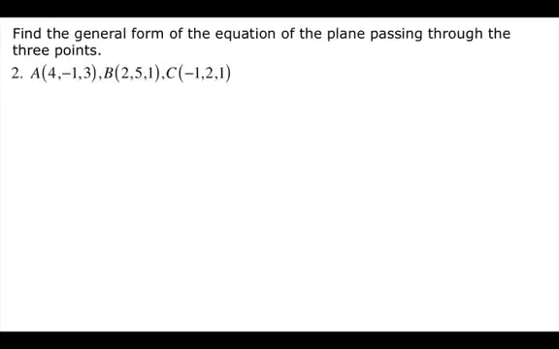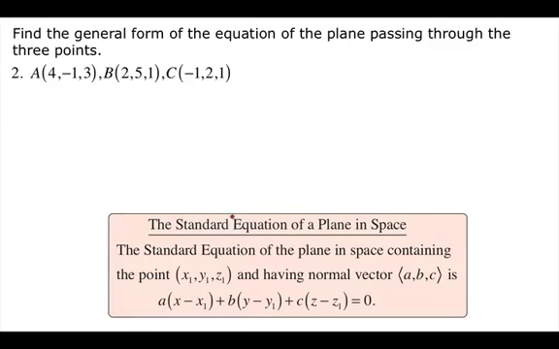So here's number 2. Find the general form of the equation of the plane passing through the 3 points that you see there. So again, this is the formula that we're going to be using. All I need is a point and a normal vector to the plane. So first, I'm going to find component form of these two vectors, AB and AC.